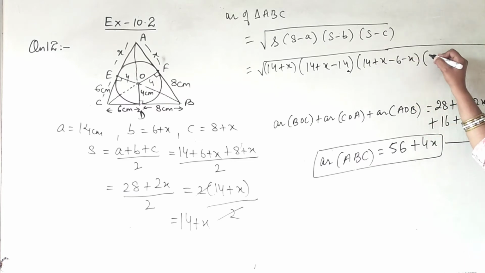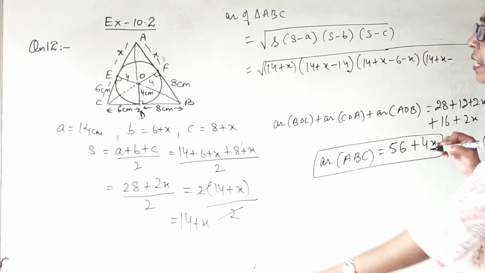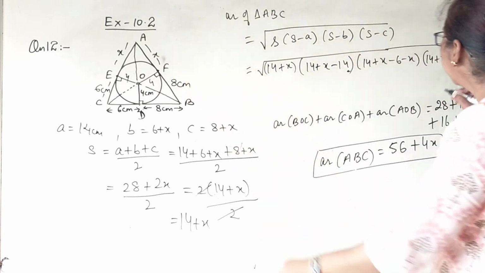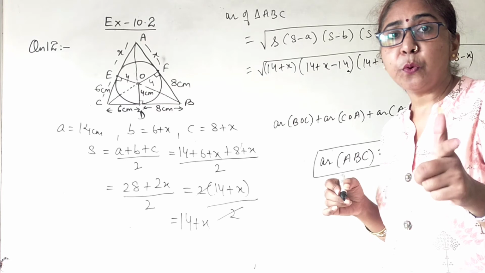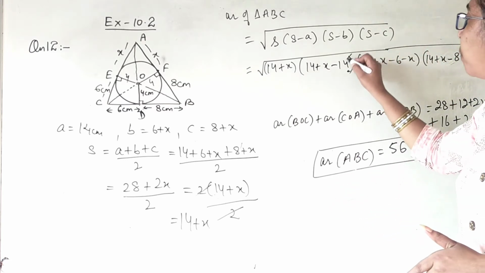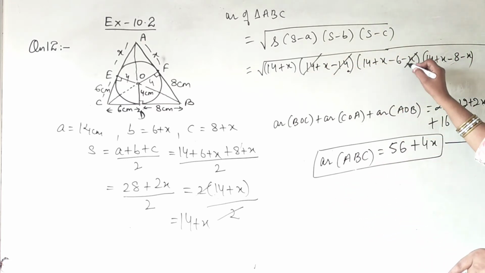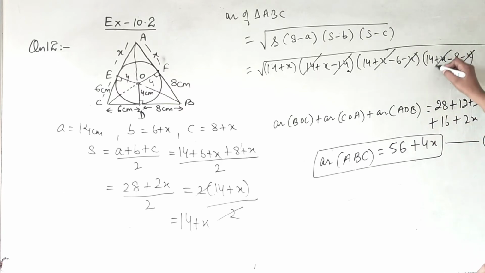And the last will be 14 plus x minus c, this is 8 plus x, so minus 8 minus x. So I have changed both the signs. Note it here, okay? You have to note it down. So 14 and 14 cancel out. X and x cancel out. X and x cancel out.